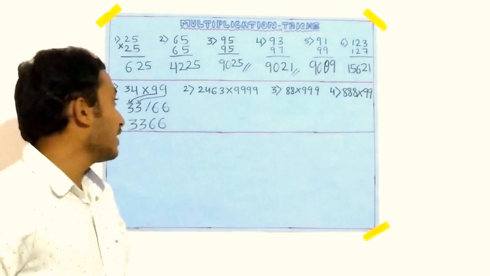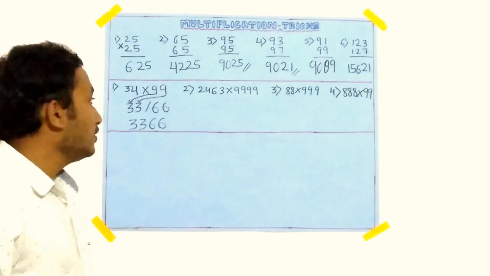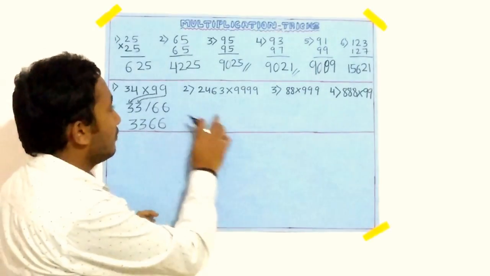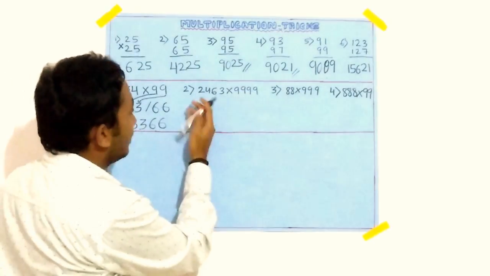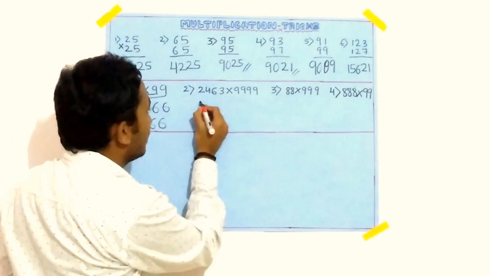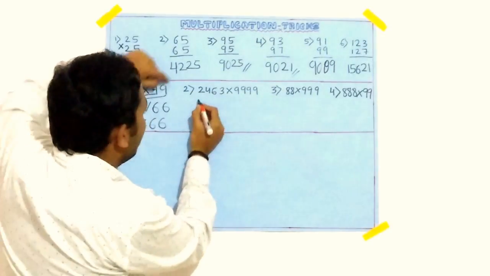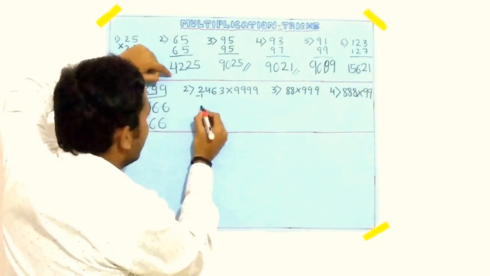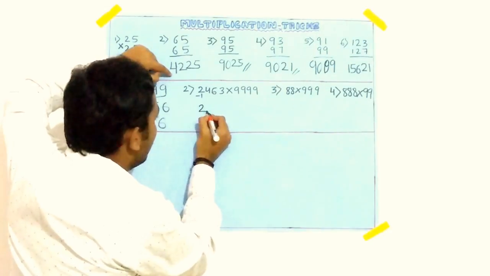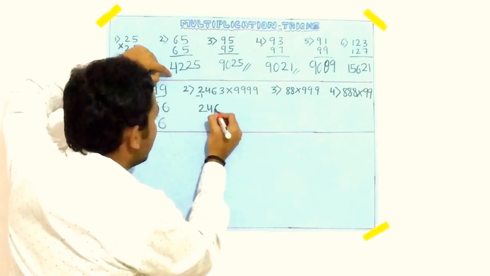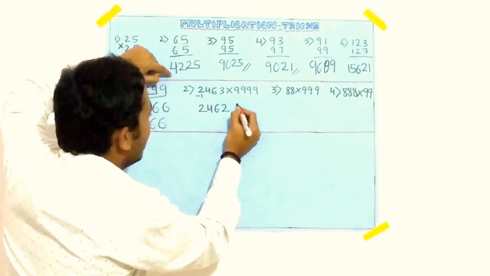If you practice more and more, we can solve within 2 seconds also. Here also we follow the same. It seems like a bigger number, even though it's very easy. Again we need to subtract 1, that is 2, 4, 6, 2.